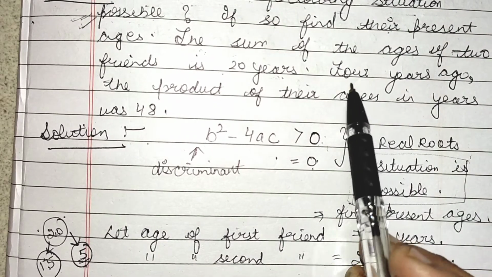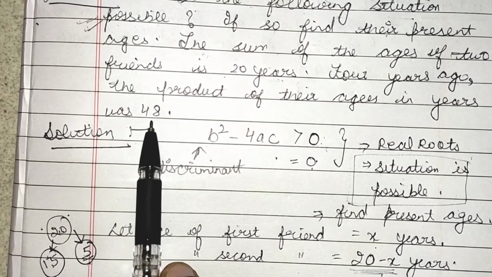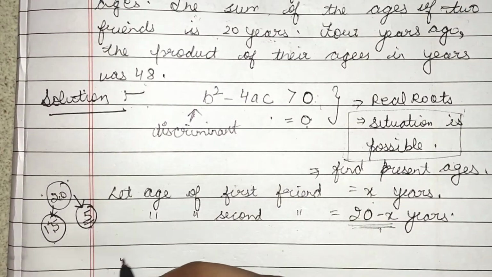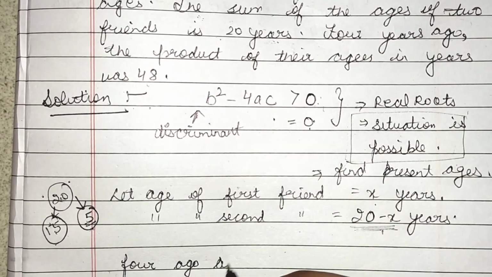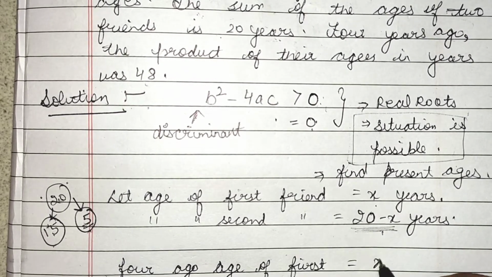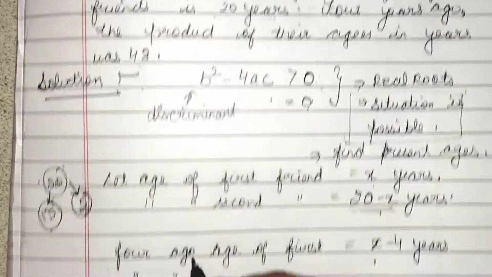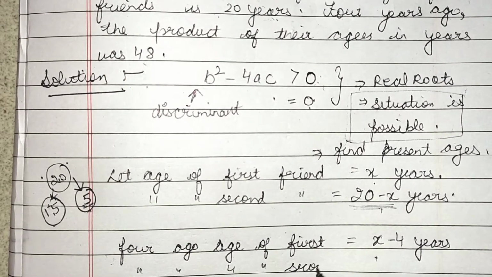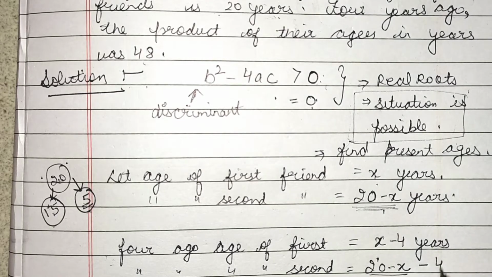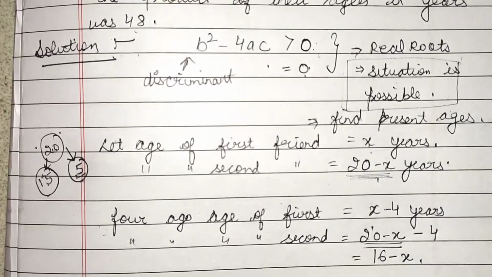Now, 4 years ago the product of their ages in years was 48. So 4 years ago means before 4 years. The age of the first friend will be x minus 4 years, and the age of the second friend will be 20 minus x, its current age, minus 4, which gives 16 minus x.